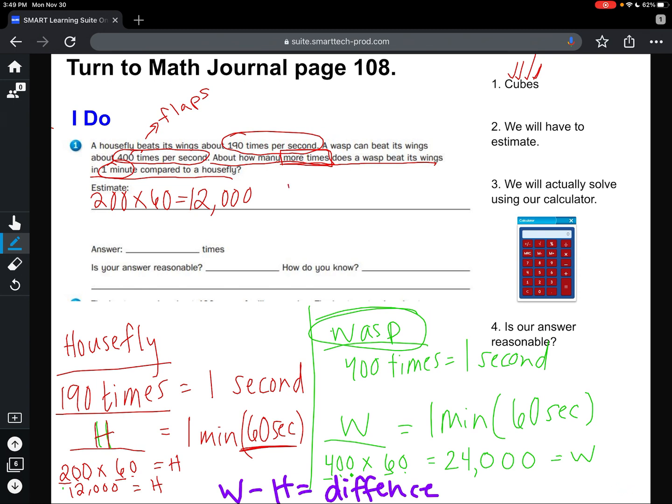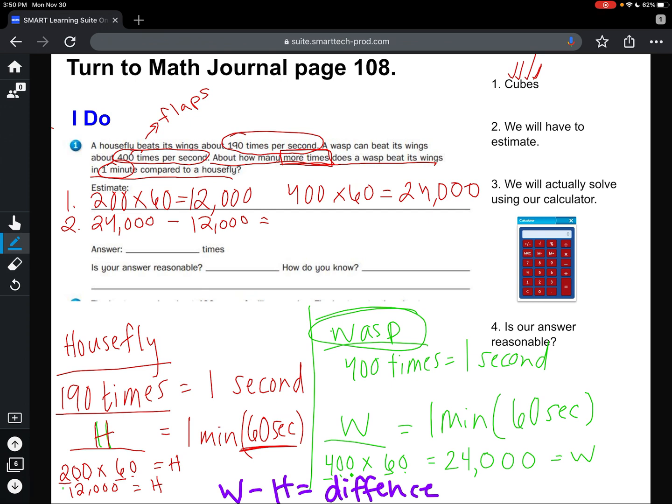I also did 400 times 60 equals 24,000. That's my first step. Then I have to do my wasp, which was 24,000, minus my housefly, which is 12,000, and that will give me my answer.